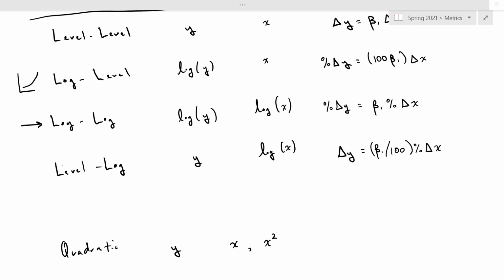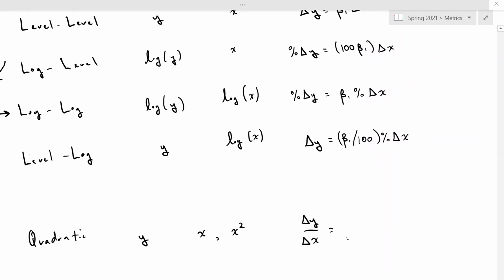The interpretation of that is going to be the change in y with respect to x is going to be equal to beta 1 plus 2 beta 2 x.